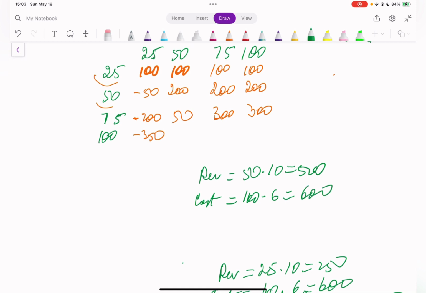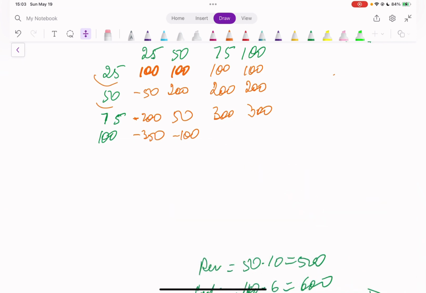So profit is going to be negative 100, right? All right. 75 already should be positive, which means we should have profit.